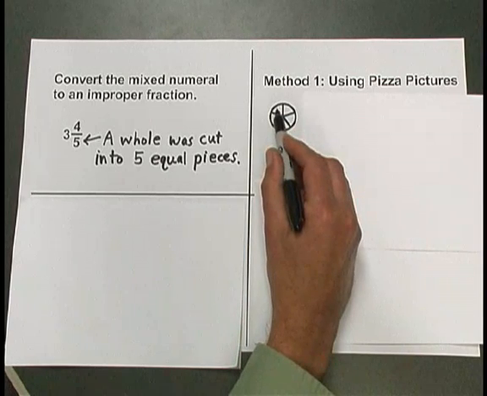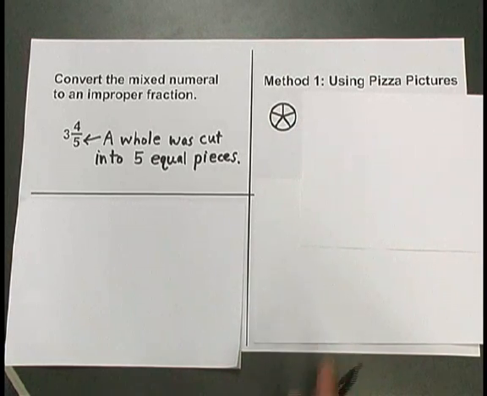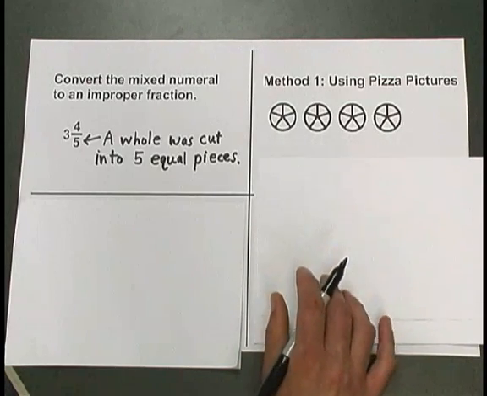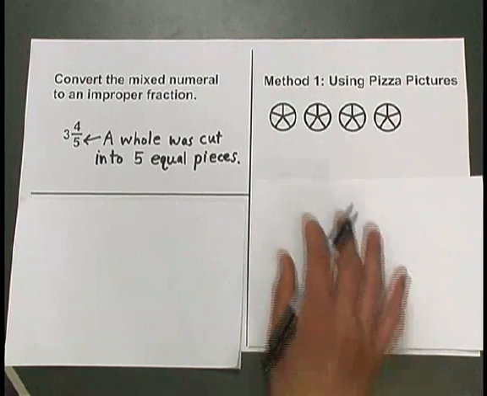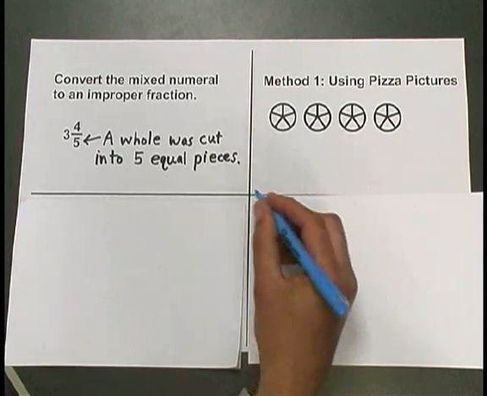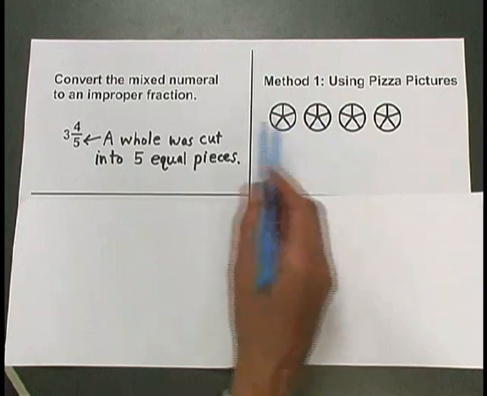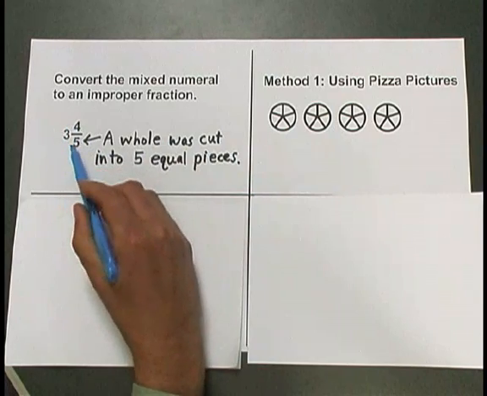Here's a pizza in 1, 2, 3, 4, 5 pieces. I've drawn a whole bunch of pizzas. We're going to have to use several of these. Now I'll use my highlighter to help me think about how much of this pizza represents 3 4/5.